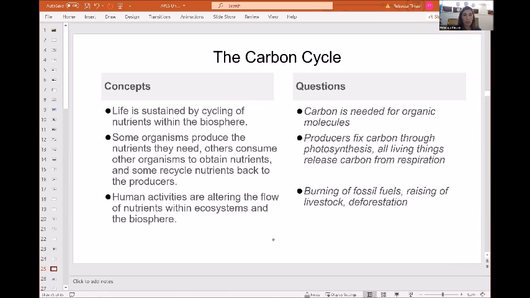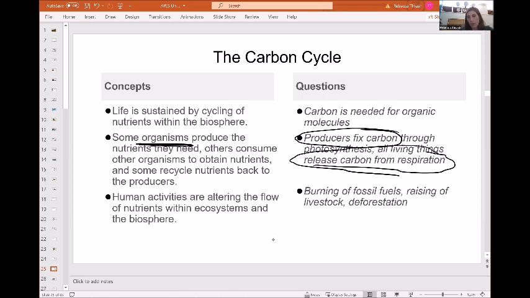So what are the questions you need to be able to answer? Carbon is needed for organic molecules. You need it for glucose, proteins, DNA, all of those biomolecules you probably learned about in biology. For the organisms and their major interaction here, producers fix carbon, and then every living thing releases it from respiration.